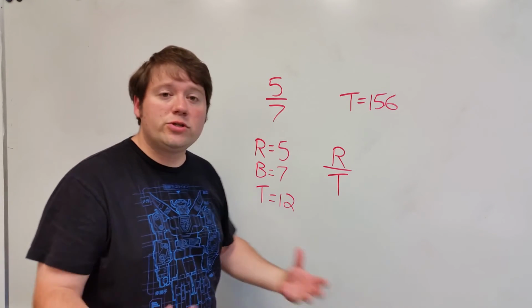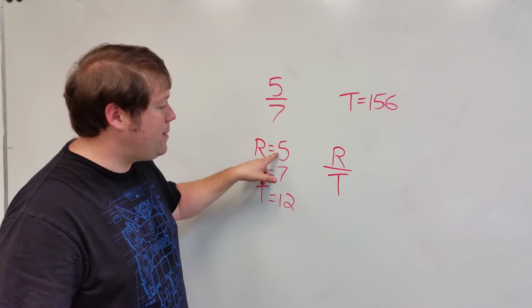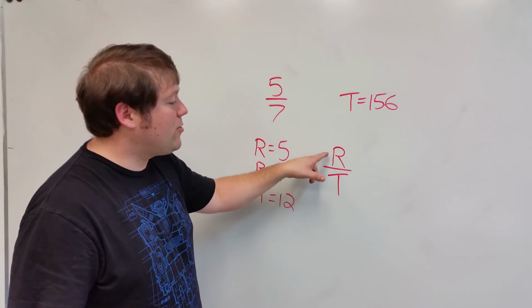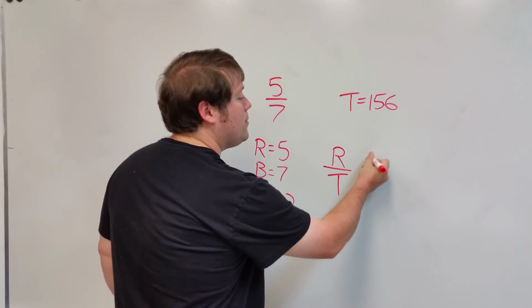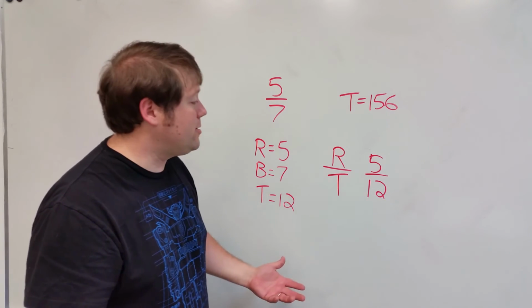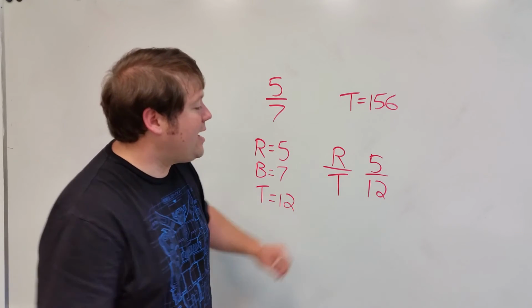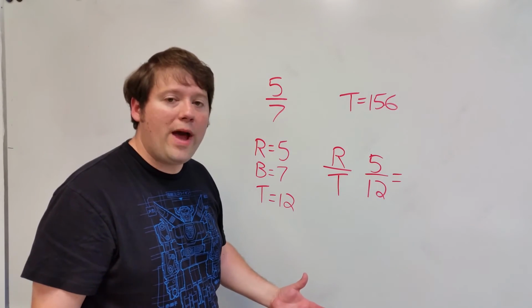First of all, let's use the ratio it gives us. Remember, we said that there are 5 red marbles for every 7. Now, I don't want to write 5 to 7. I want to write red to total. So I'm going to say there are 5 red marbles for every 12 marbles of any color. So out of every 12, there are 5 red ones. And I'm going to say that's equal to the ratio for the whole bag.